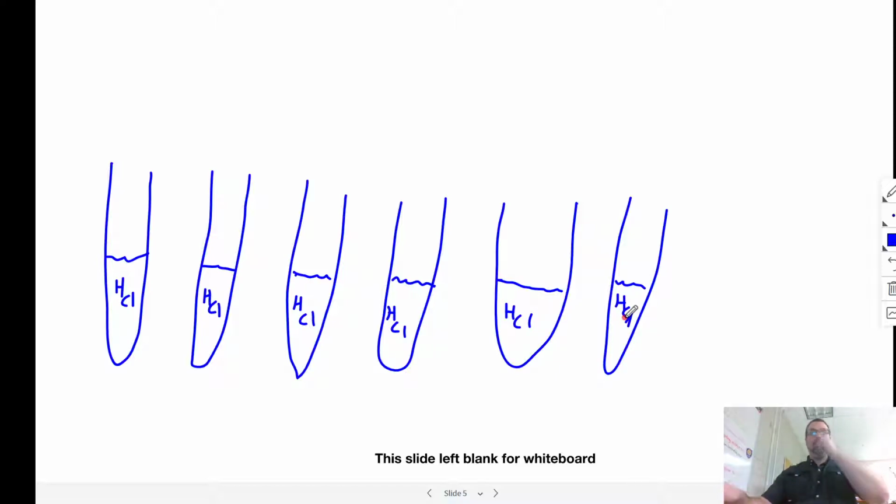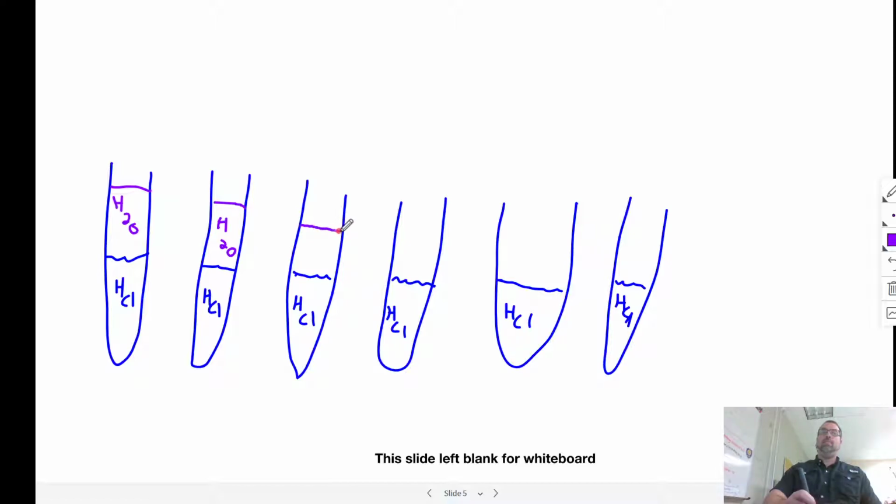All right, now our second thing that we added was varying amounts of water. So for test tube 1, we ended up adding 5 milliliters of water. For test tube 2, we added 4 of water.